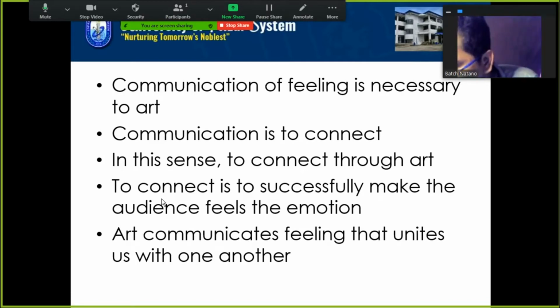But what if, sir, it's too complicated to look at? Can it be seen with communication? Magandang tanong ni Louie. Alam nyo, siguro sa punto de vista ng nag-aral ng komunikasyon, no communication is still communication.